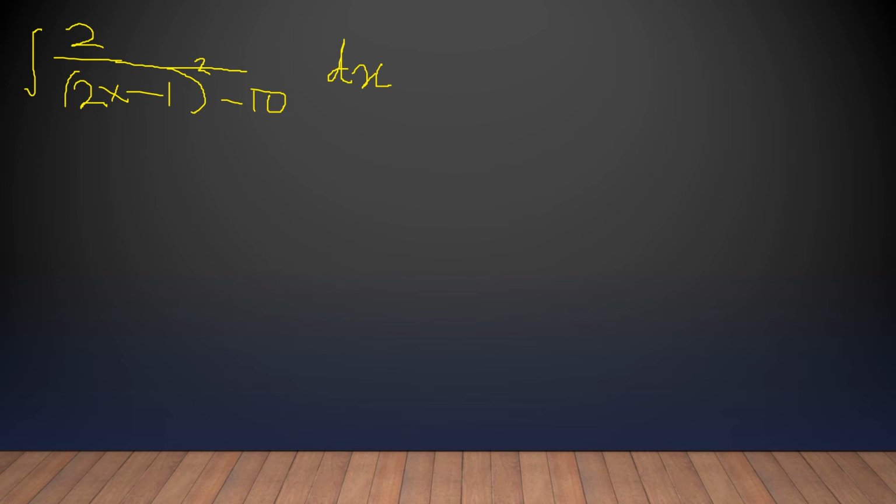Because we want it in our form, if we rearrange further, we can see this can be the integral of 2 over this. We get 2 out of this bracket, it comes out like 4, and we want the 4 to capture the whole of this part and this part.